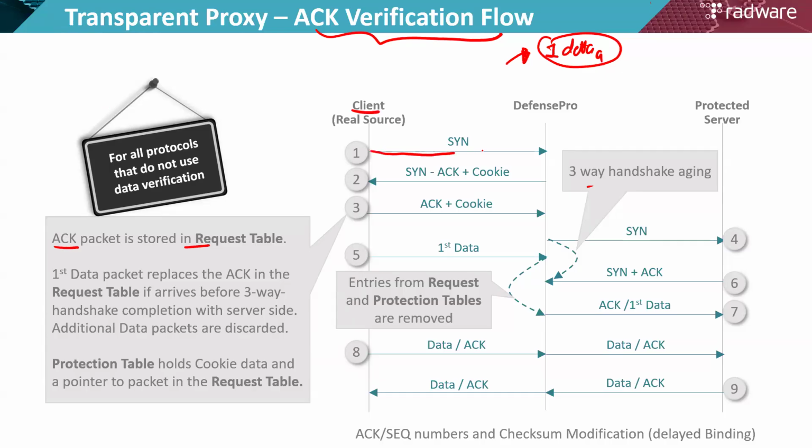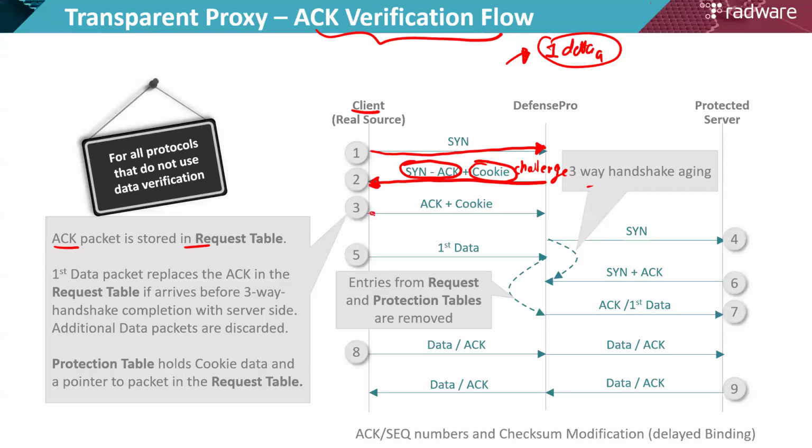The client sends a SYN message to the defense pro, right? The defense pro is at this point challenging the client. So this is the challenge. Along with the SYN-ACK which is sent by the defense pro, it is also sending a challenge.